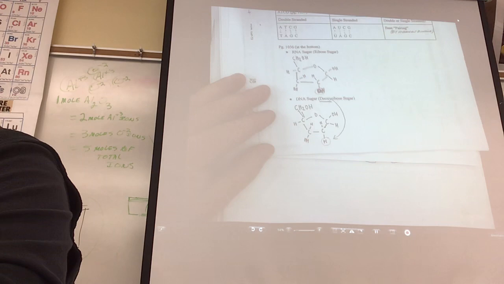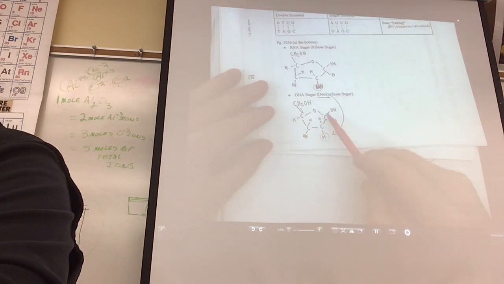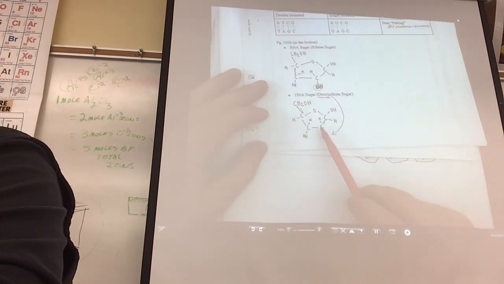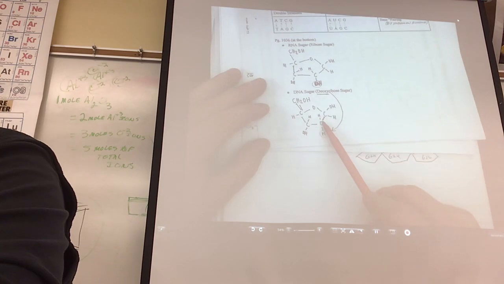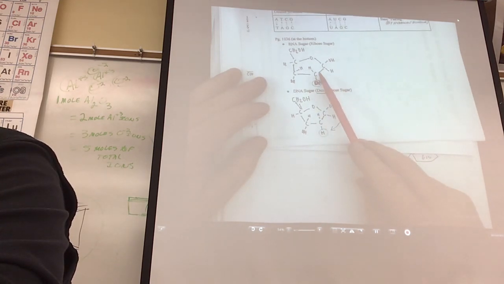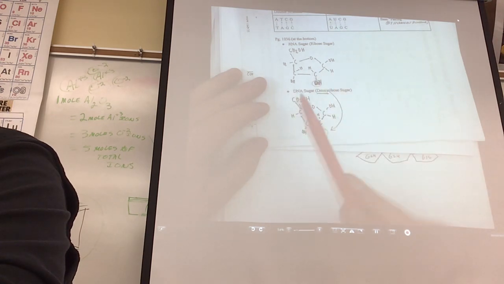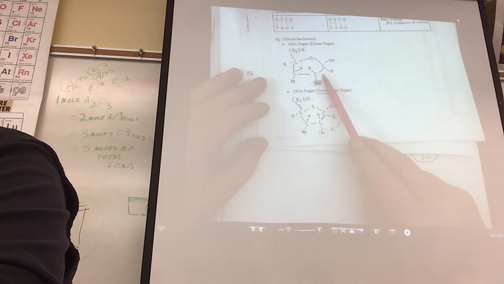ribose sugar. Now, when they discovered another sugar, it looked identical. It was identical to it, except instead of being OH here, it was just H. This one had already been named. It was called ribose. They called this one Jerry. No, I made that up. Ready?